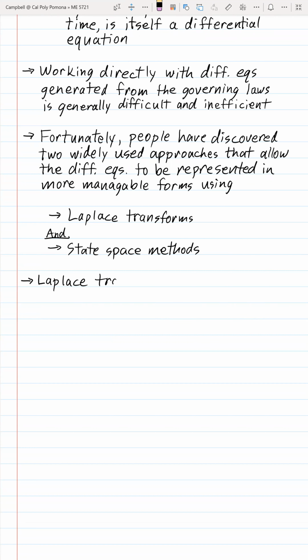The Laplace transform is a transformation where we can transform some time domain function f of t into what we generally call, though it's a little bit of a misnomer, the frequency domain function capital F of s, equal to, and we'll just talk about the single-sided Laplace transform, the integral from t equals 0 minus to t equals infinity of f of t e to the negative st dt.